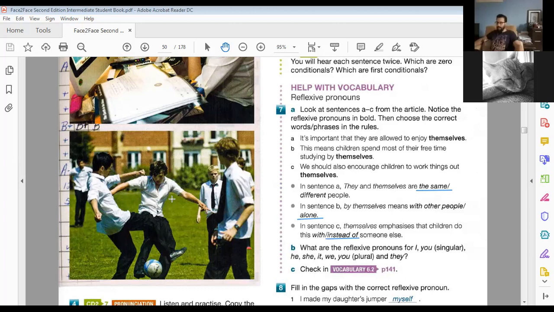Yourself. Right, and he? Himself. And she? Herself. What about you for plural? When you're talking to a group of people. Not you for singular, you for plural. Ourselves.